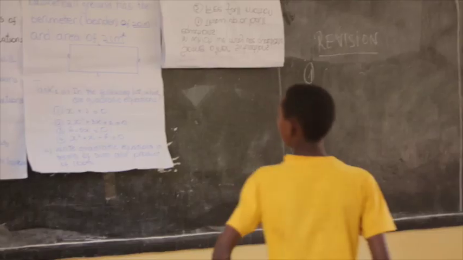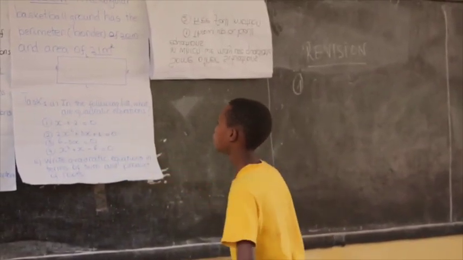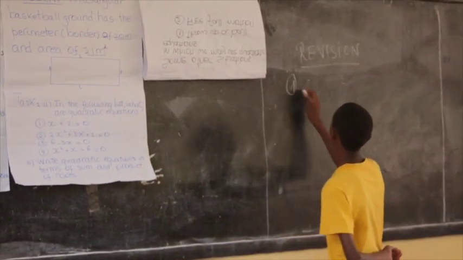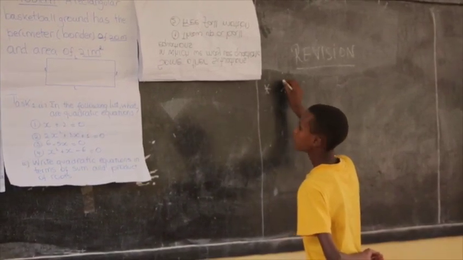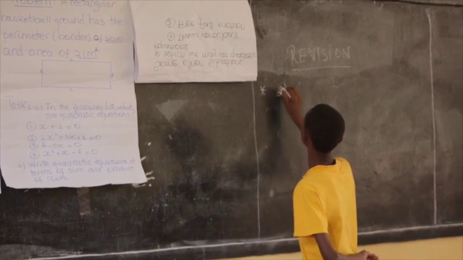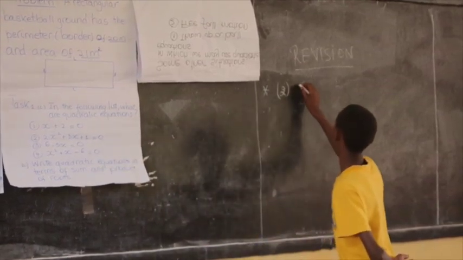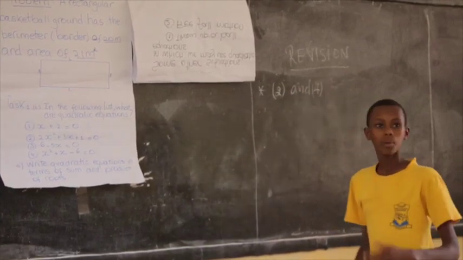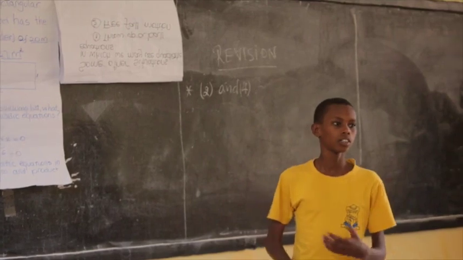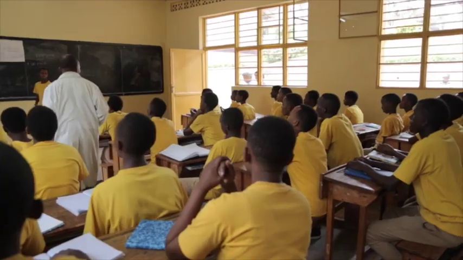In this list of 4 equations, the quadratic equations are equation number 1, equation number 2, and equation number 4. Equation number 2 and equation number 4 are quadratic equations because they are of the second degree.